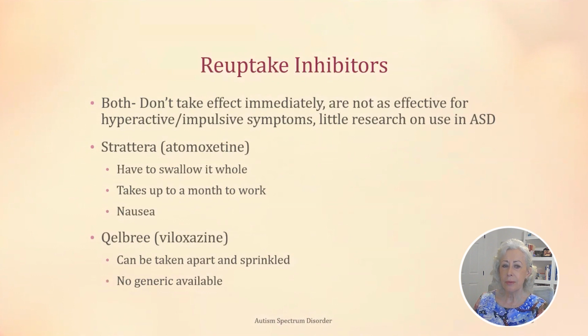Both are somewhat difficult in that Strattera has to be swallowed whole. It can't be crushed or sprinkled. It can take up to a month to work. And nausea is often a problem.